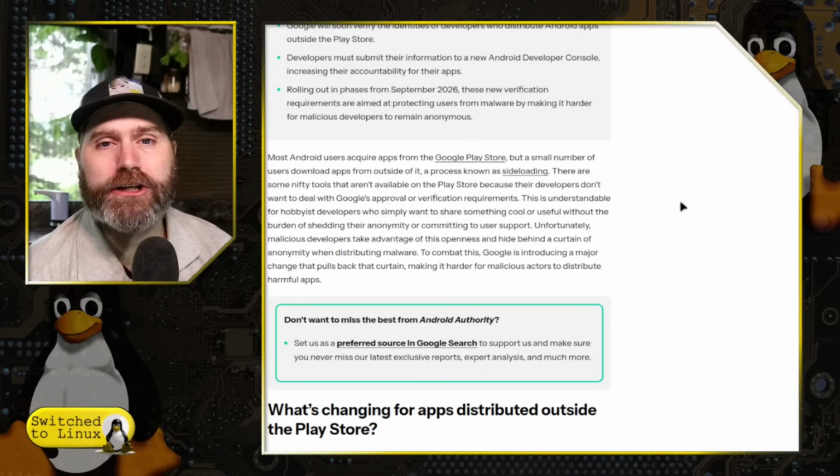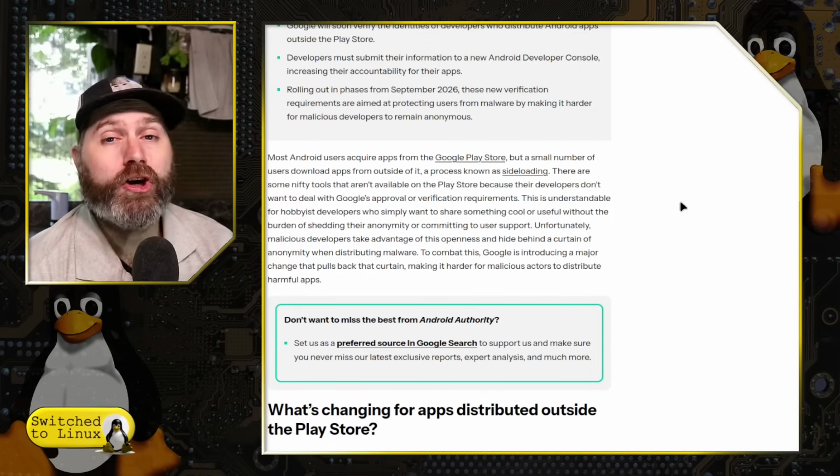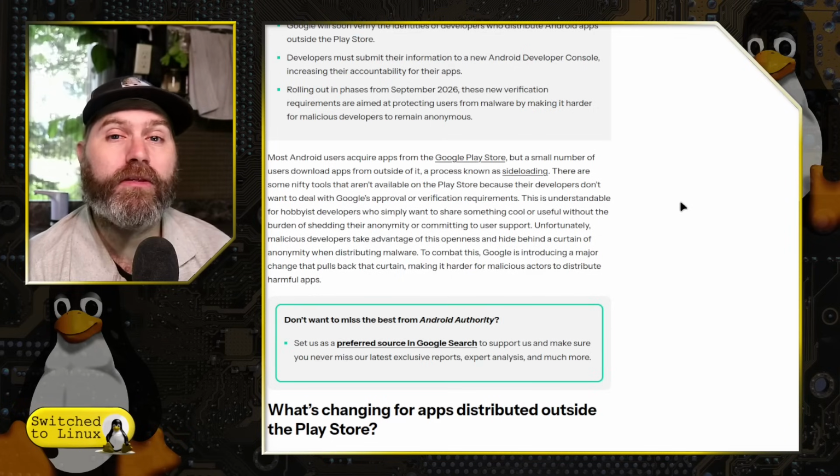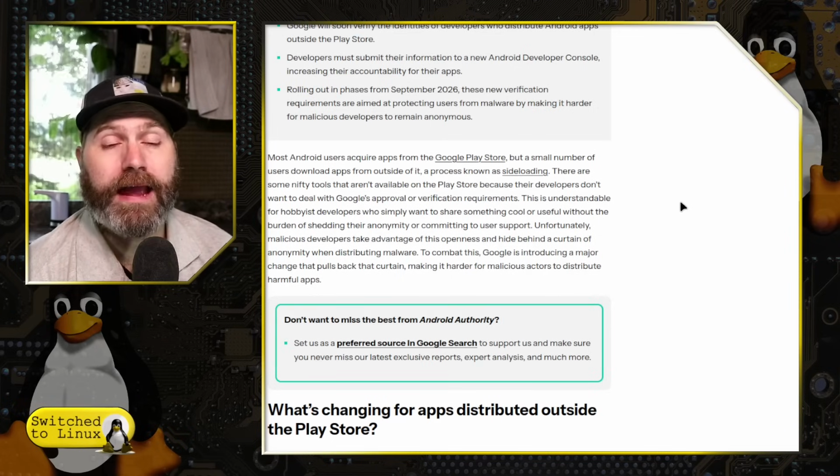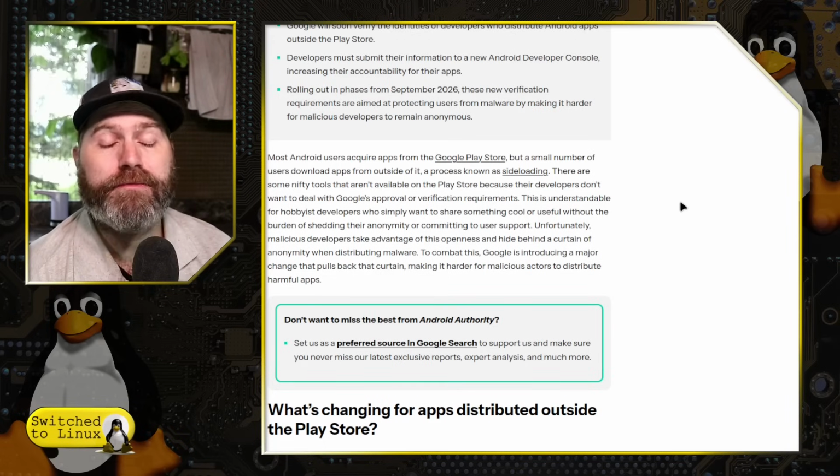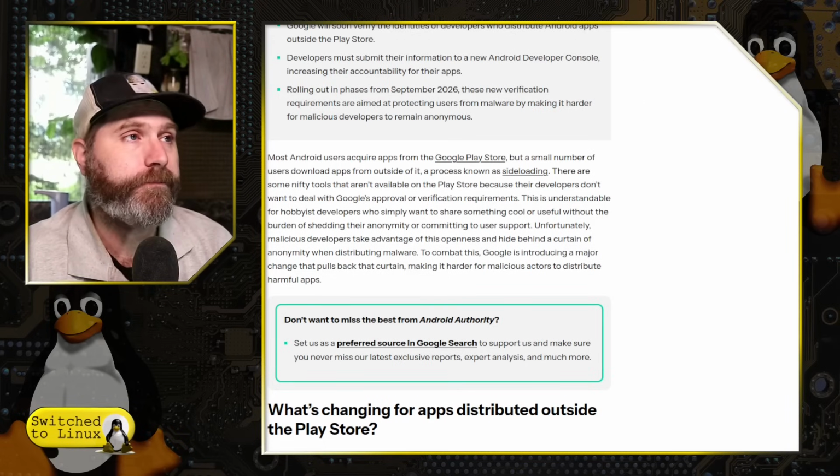Does this have some security implications? Yes, there are potentially some positive security implications from this move. However, Google is not checking the devices or the apps for malware. They're not apparently taking actions against people, as we will show here.